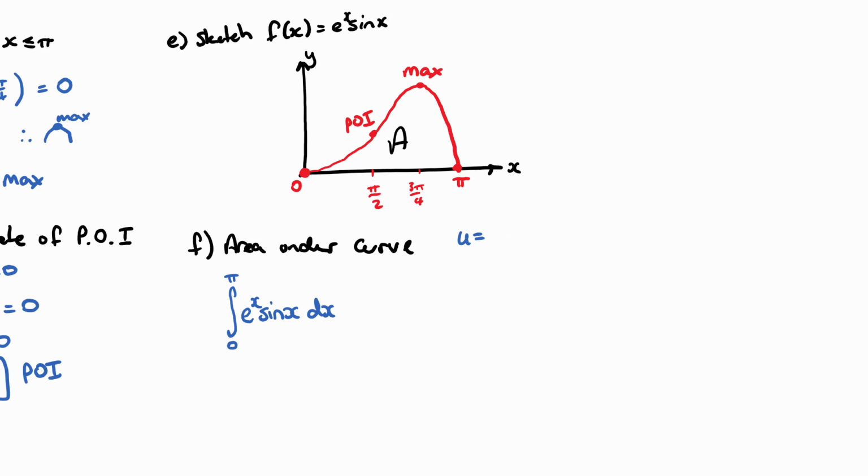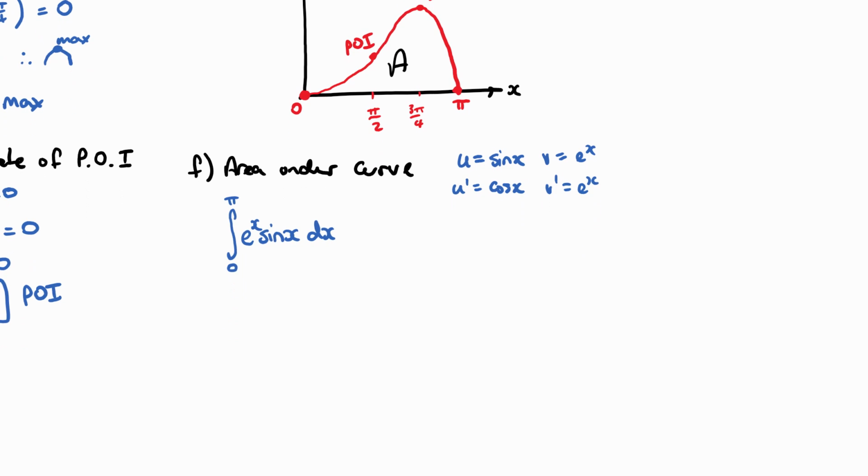Let me get my correct pen. Yes, u is going to be sine x, and u dash will be cos x. v dash needs to be in this original integral, which was just e to the x, and v will also be e to the x, the integral.